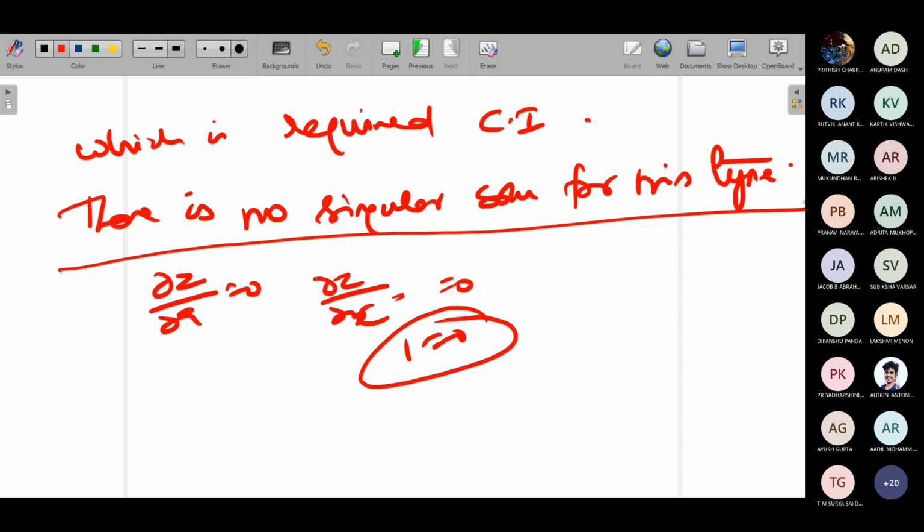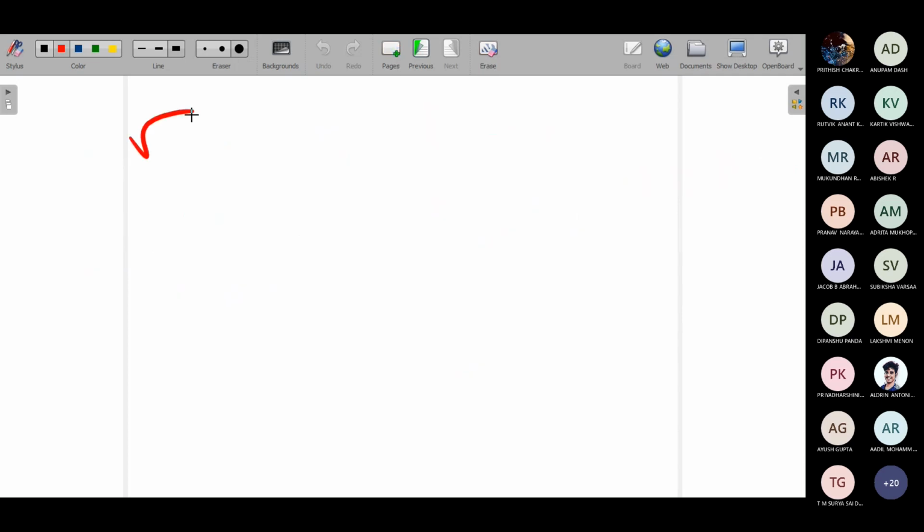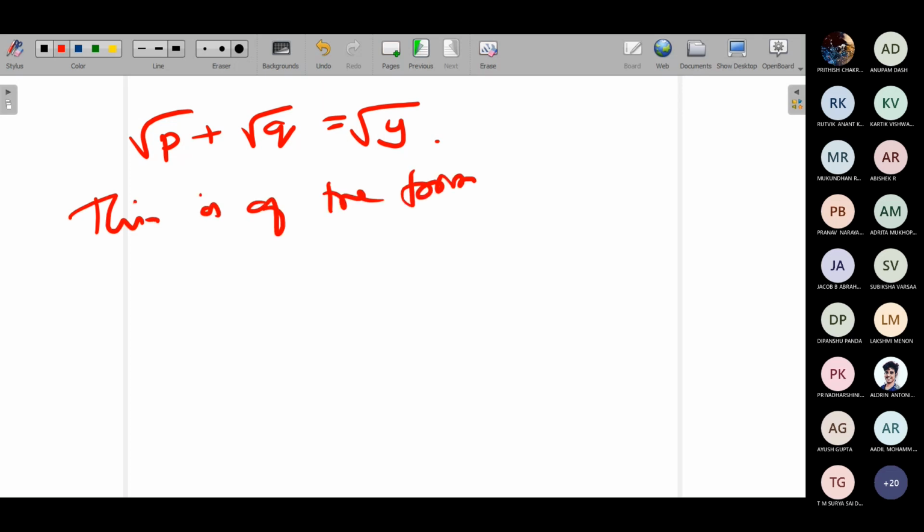Okay. Now, next, what did I give? I gave root p plus root q equals root y. Solve root p plus root q equals root y. This is of the form f of y, p, q equal to 0, or p, q, y equal to 0.